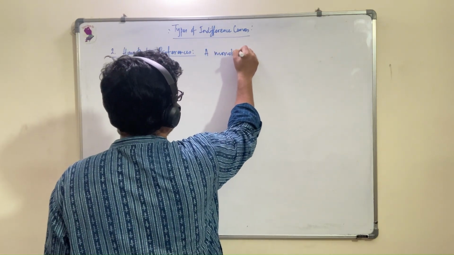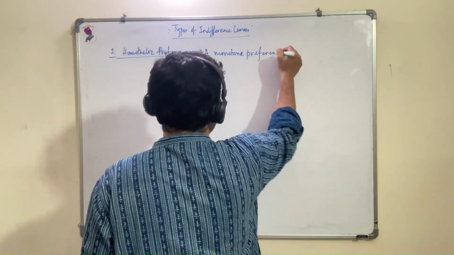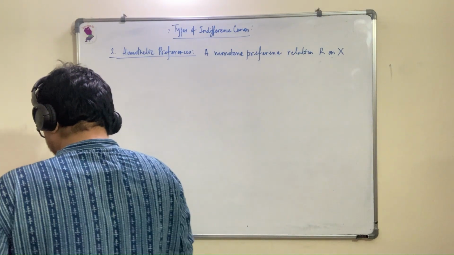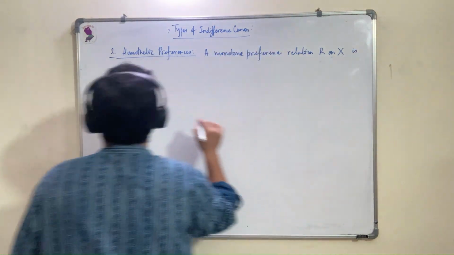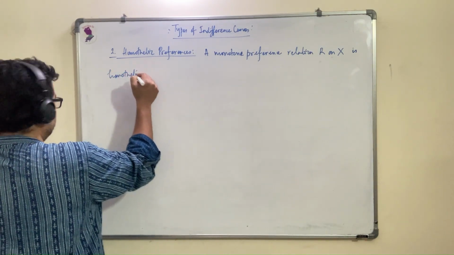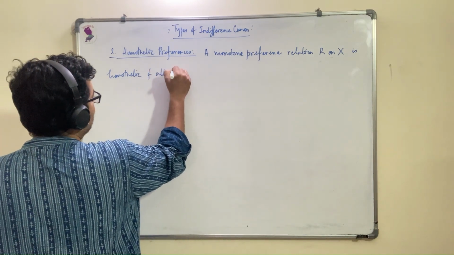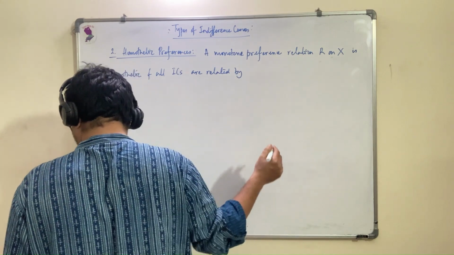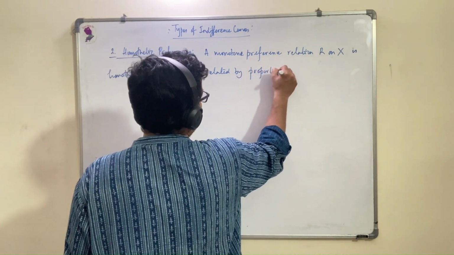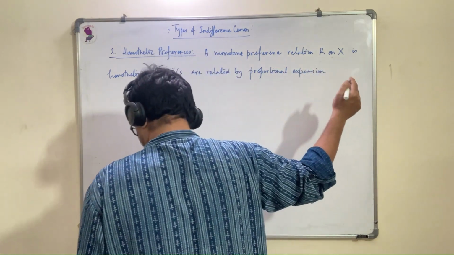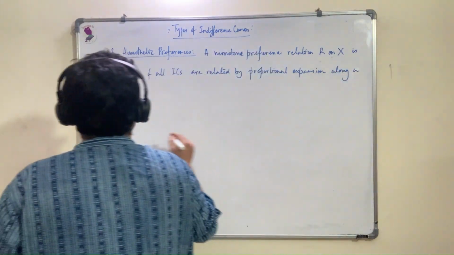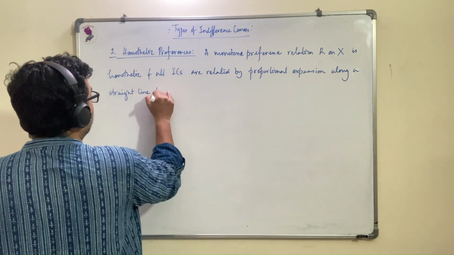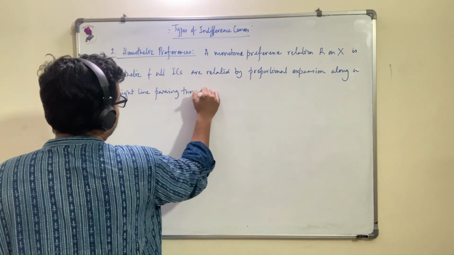A monotone preference relation R on X is homothetic if all ICs are related by proportional expansion along a straight line passing through the origin.